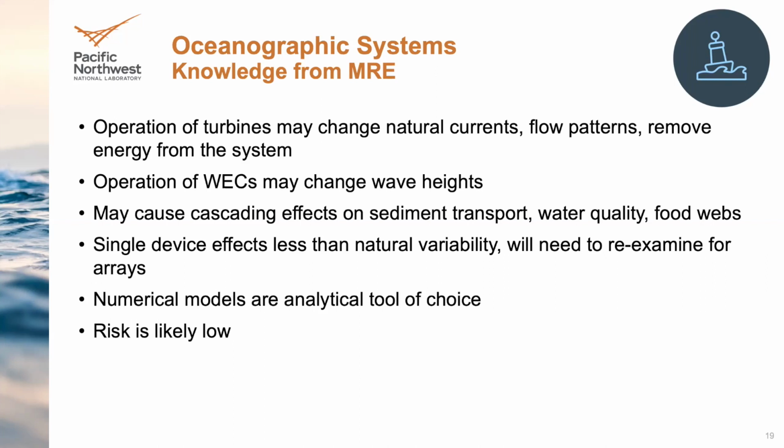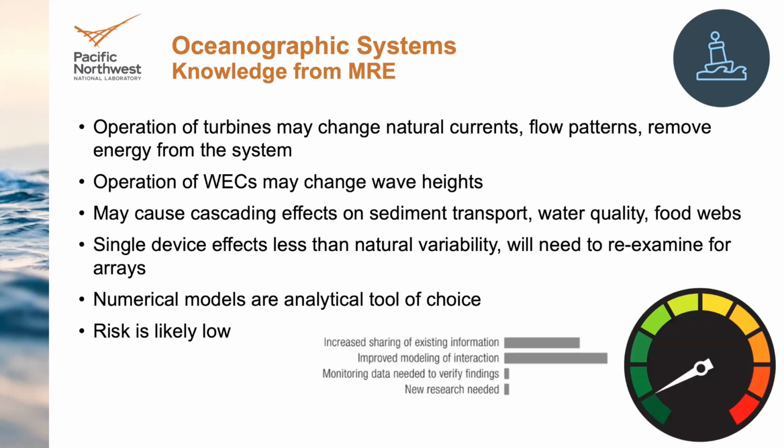Hydrodynamic models are really good now, and we can get a very good idea of the number of devices placed in what locations, in what patterns are likely to cause change. And what we're seeing at the moment is that we are talking about hundreds and hundreds of wave or tidal devices unlikely to be permitted under other circumstances. So we see this, especially for small numbers of devices, as a really low risk.